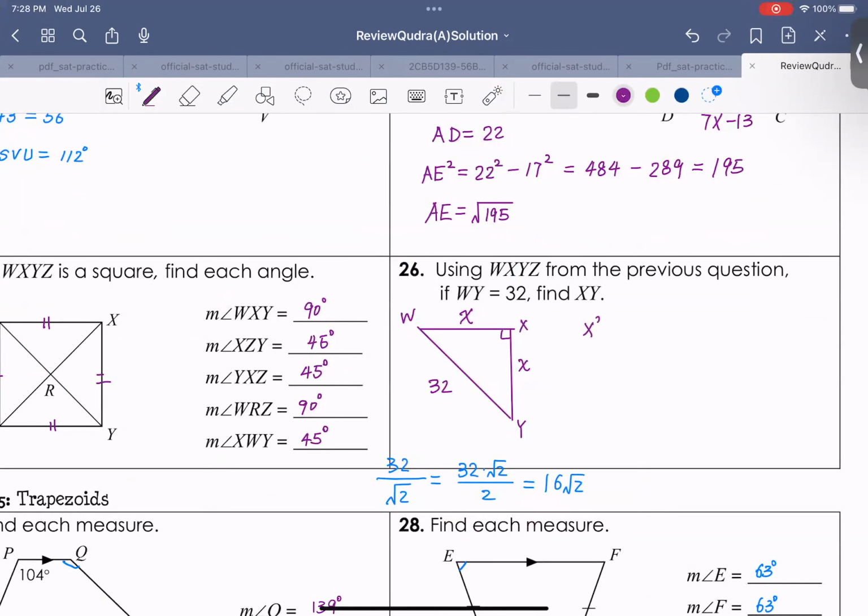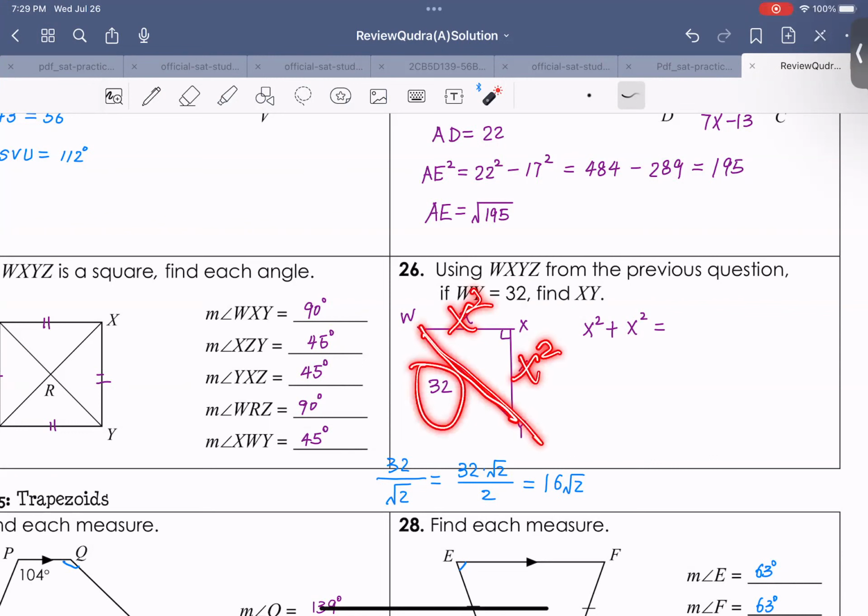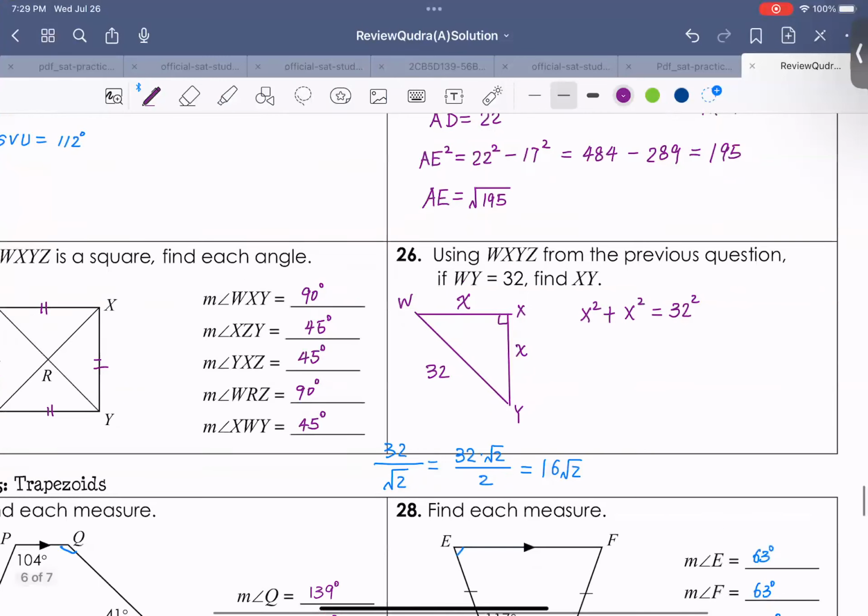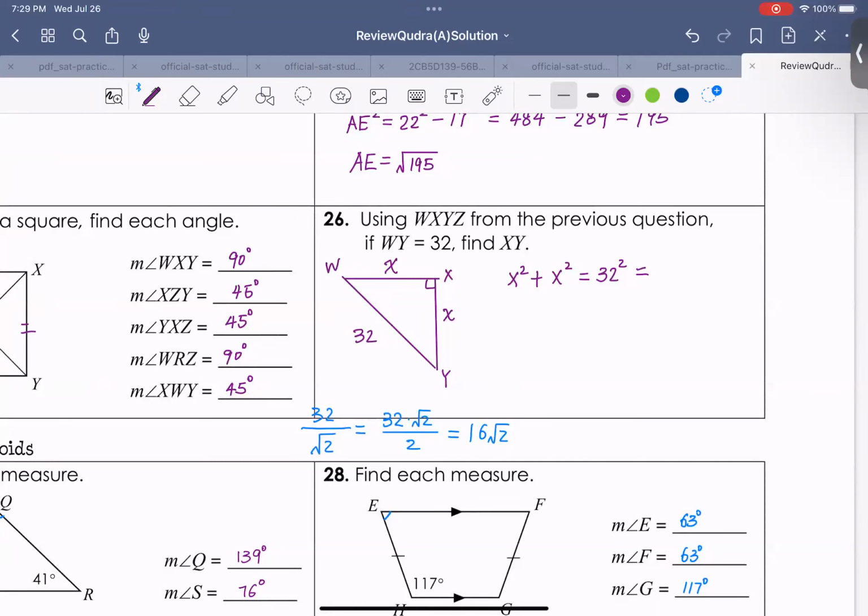So x squared plus x squared equals what? x squared plus x squared is 2x squared, not x to the power of 4. It equals the longest side squared, right? Yes. And then 32 squared. 32 is 2 times 16.